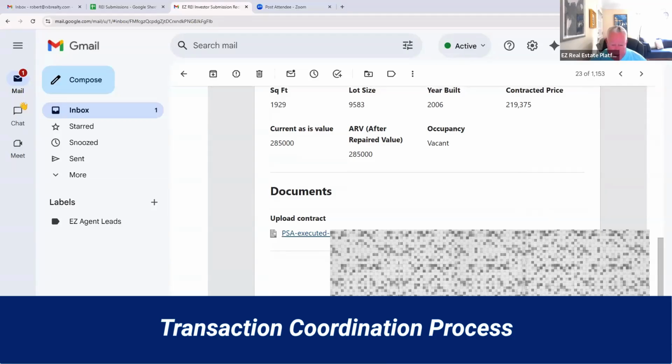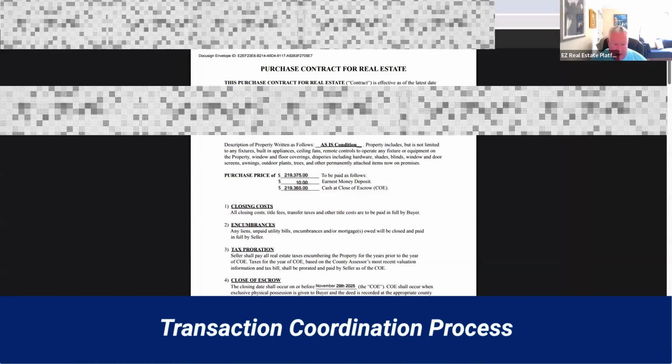And then we also get this purchase sale agreement. This is the form that will be coming. You will get this along with the lead when we send it out to you, so that you just have it on file.